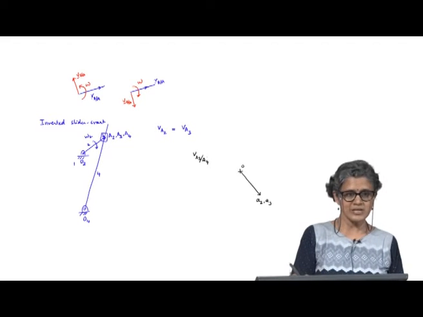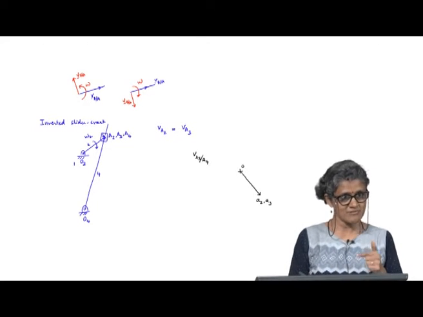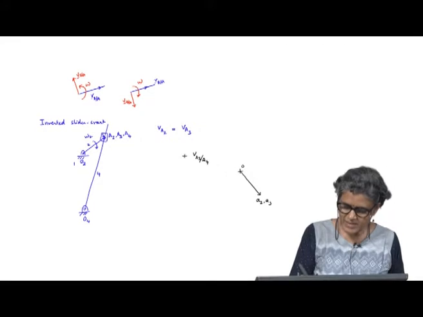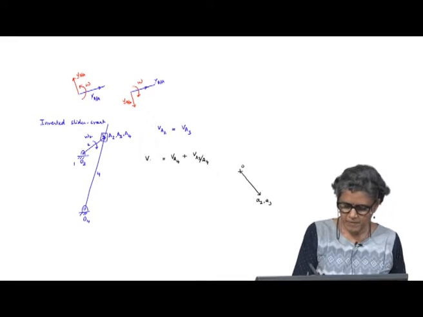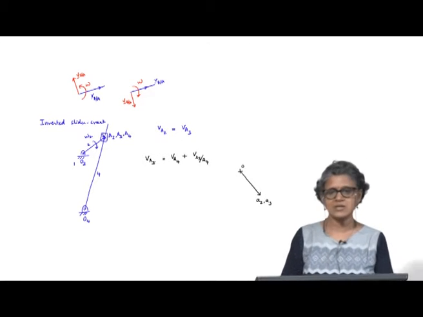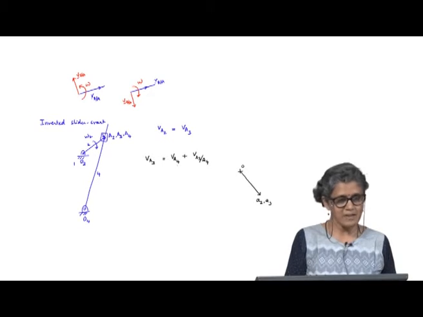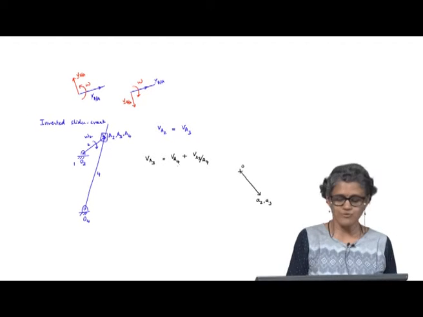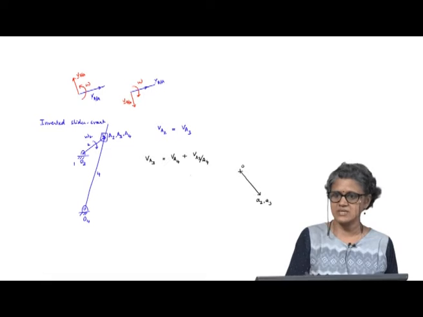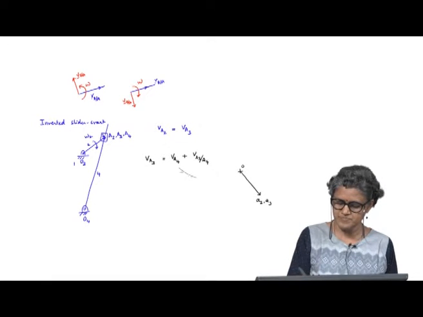Here I know the direction of this relative velocity. So, I can relate these two velocities as velocity of A on body 3 is the absolute velocity of A on body 4 plus this relative velocity.